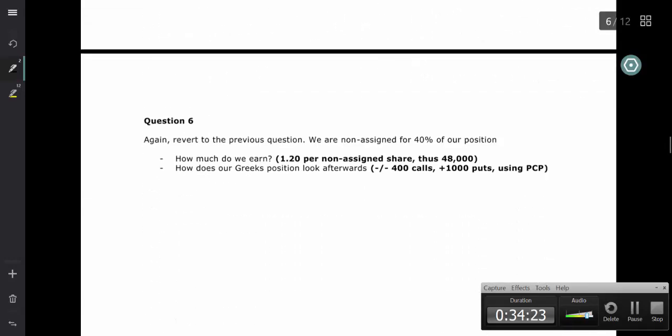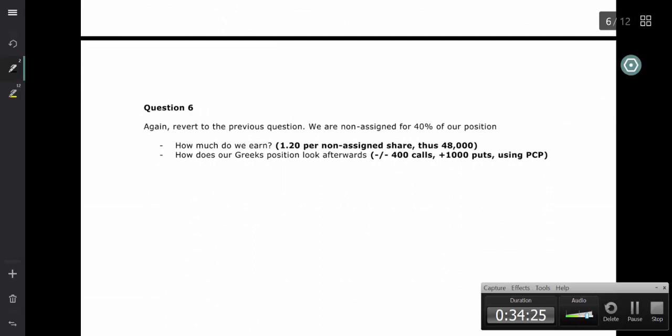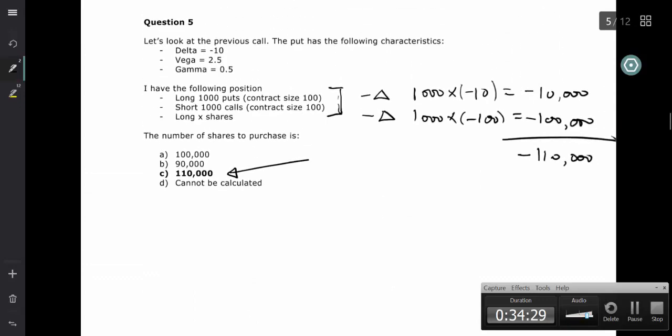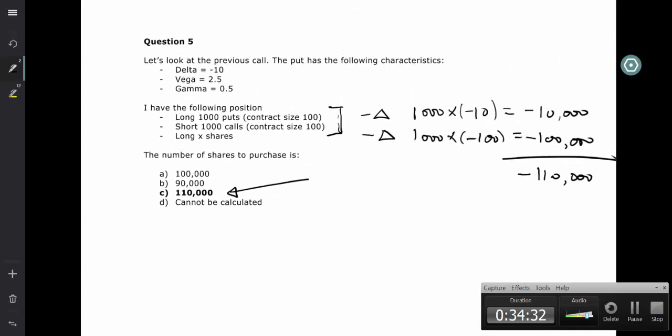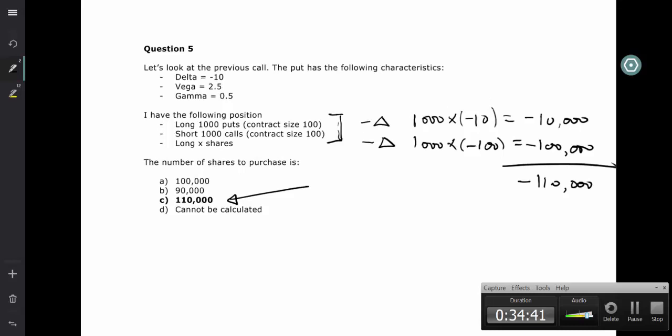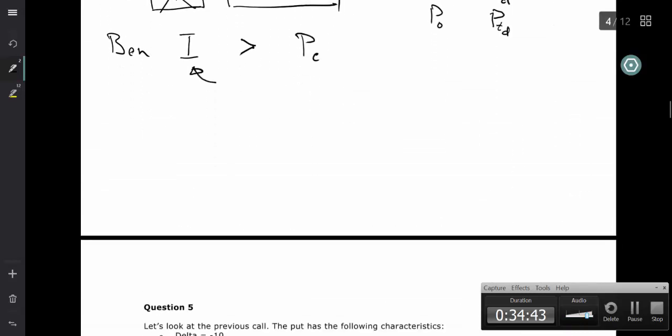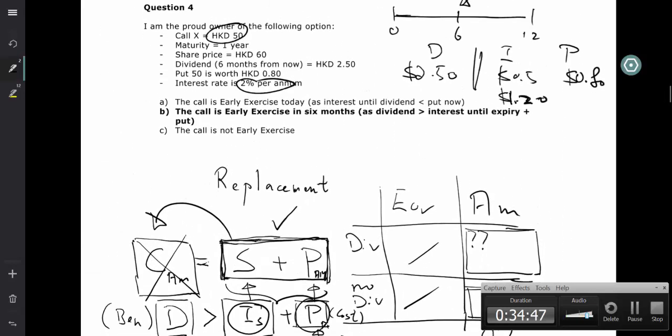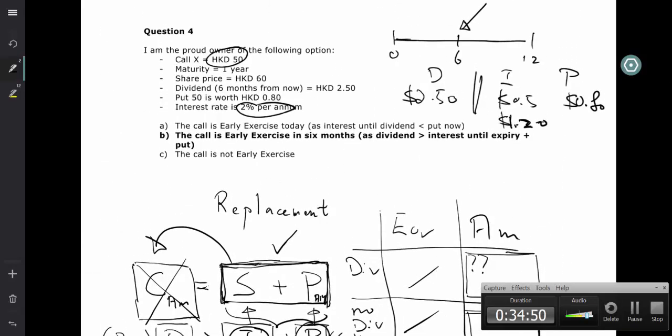But here the question really is, suppose you have this position, so you were short 1,000 calls, and the call is in the money in 6 months' time, and they actually forget to exercise on you, then what actually happens? Well, it's very simple.